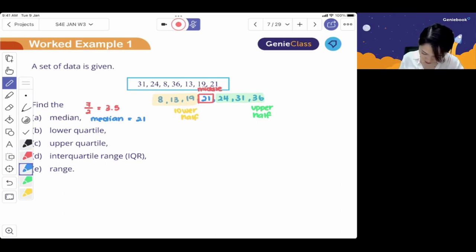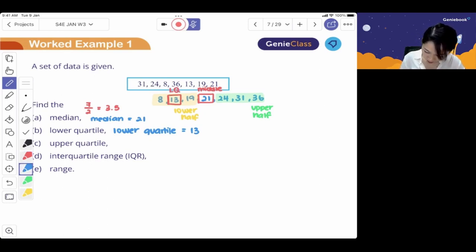Can anyone tell me? Anyone want to try? What is the lower quartile value? Very good, Alicia. 13. Yes, very good. 13. This is our lower quartile.